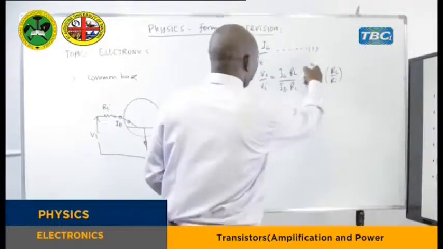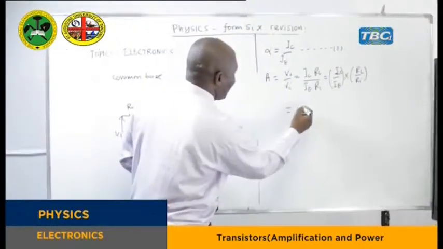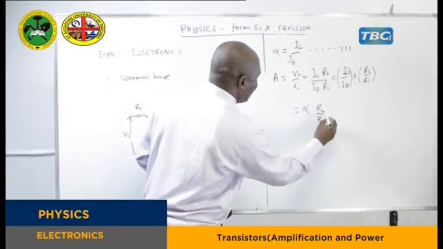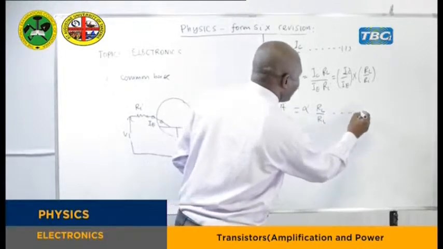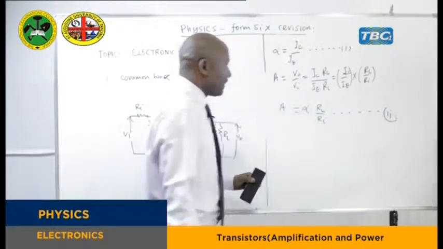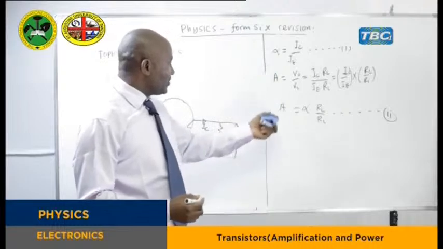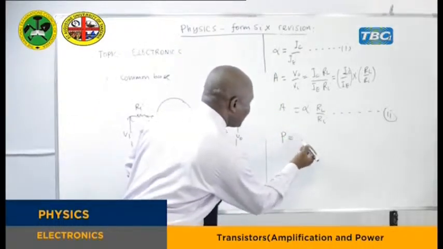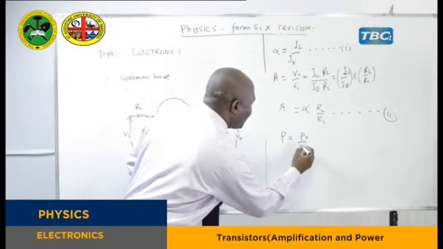And remember, from question number 1, IC over IE is alpha, the current gain, so the voltage gain is alpha times RL over RI, question number 2. Of course, you remember this formula from your class, so this is how you can find the voltage gain. The power gain is given by the output power over the input power.